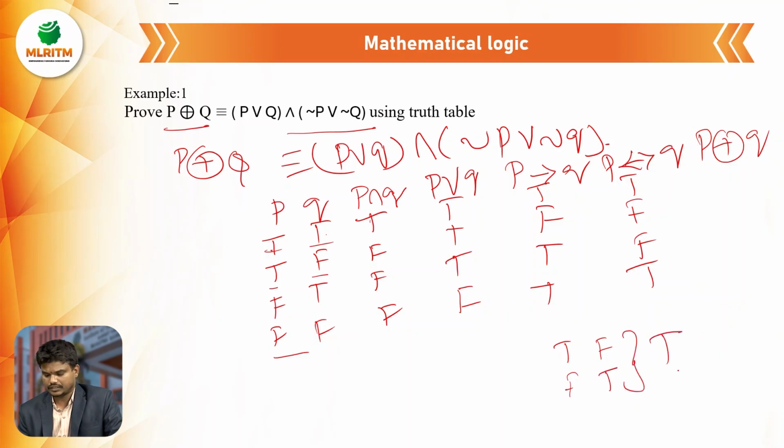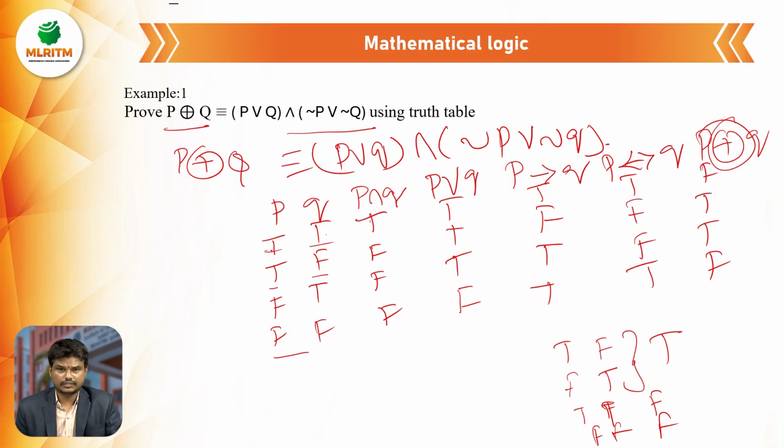Remaining are false. So false, true, true, false. This is the exclusive or condition. These are about our basics of logic.